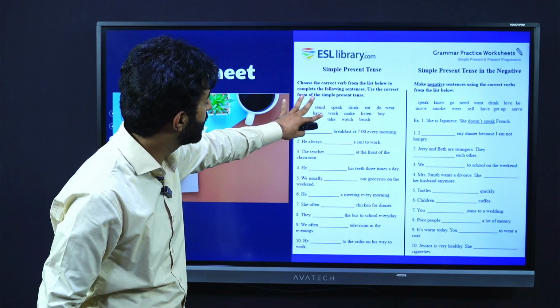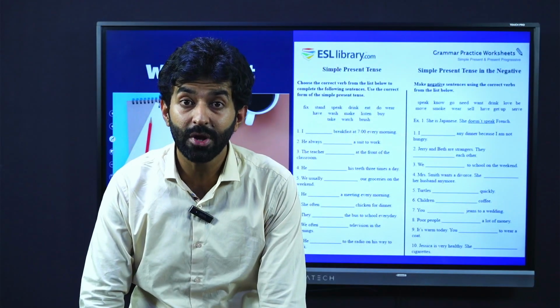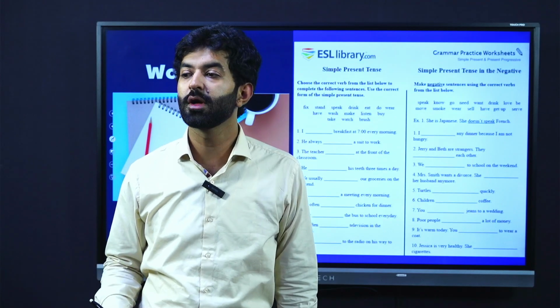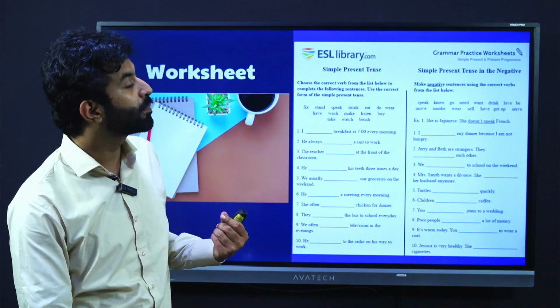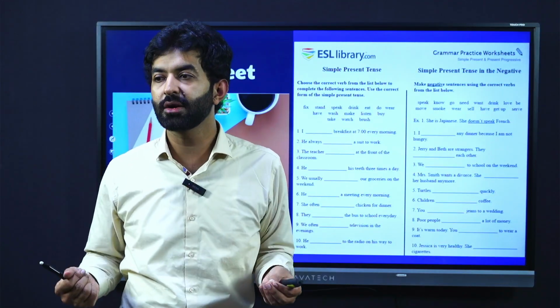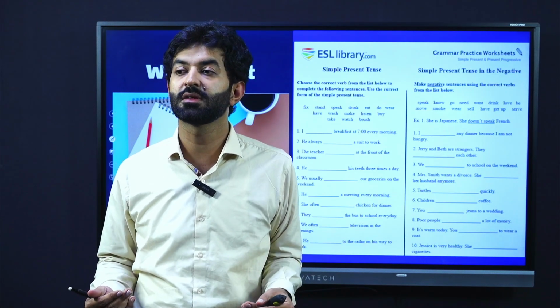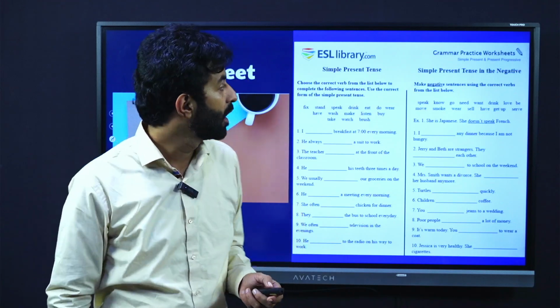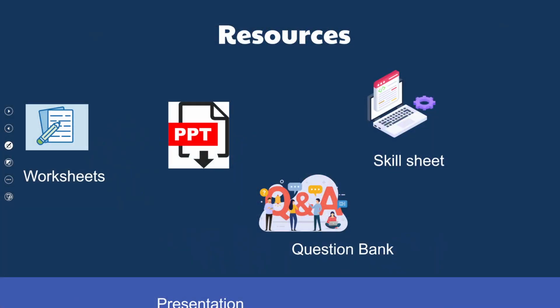The worksheet here is about using the present simple tense in the simple affirmative and also in the negative sense. We also saw how we can make negative interrogative and interrogative sentences in the present form. Now here are the resources, and we can also go through our worksheet.